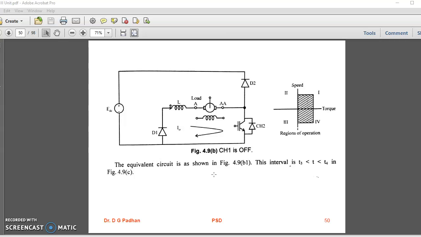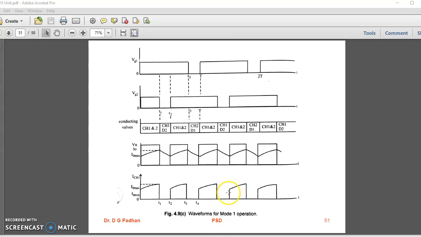Here di/dt is negative, and the current decreases from the maximum value to the minimum value. The same thing will happen during the interval T1 to T2. During this interval, there is no gating signal to chopper 2, and therefore it is turned off. The current freewheels through chopper 1 and diode D2. The waveforms are here.